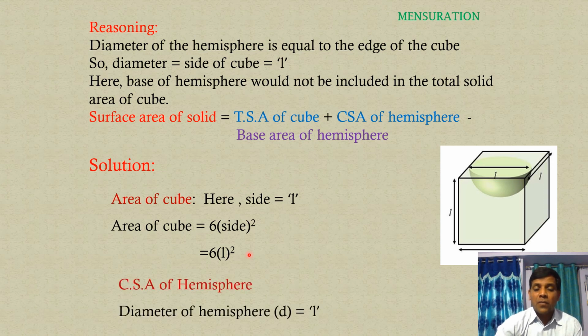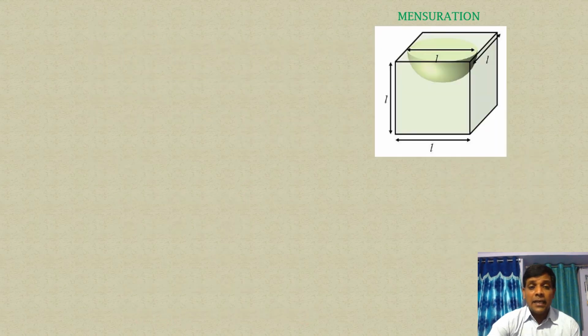Now the next one, CS of a hemisphere. The diameter of the hemisphere D equals L. Then the radius of the hemisphere equals half of the diameter, so radius R equals D by 2.